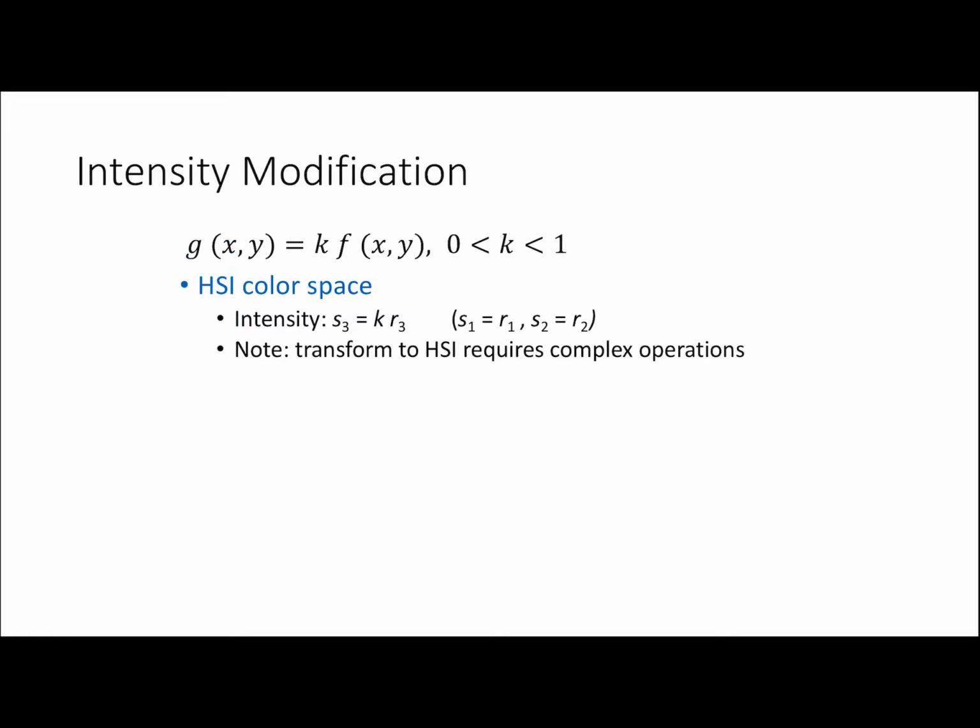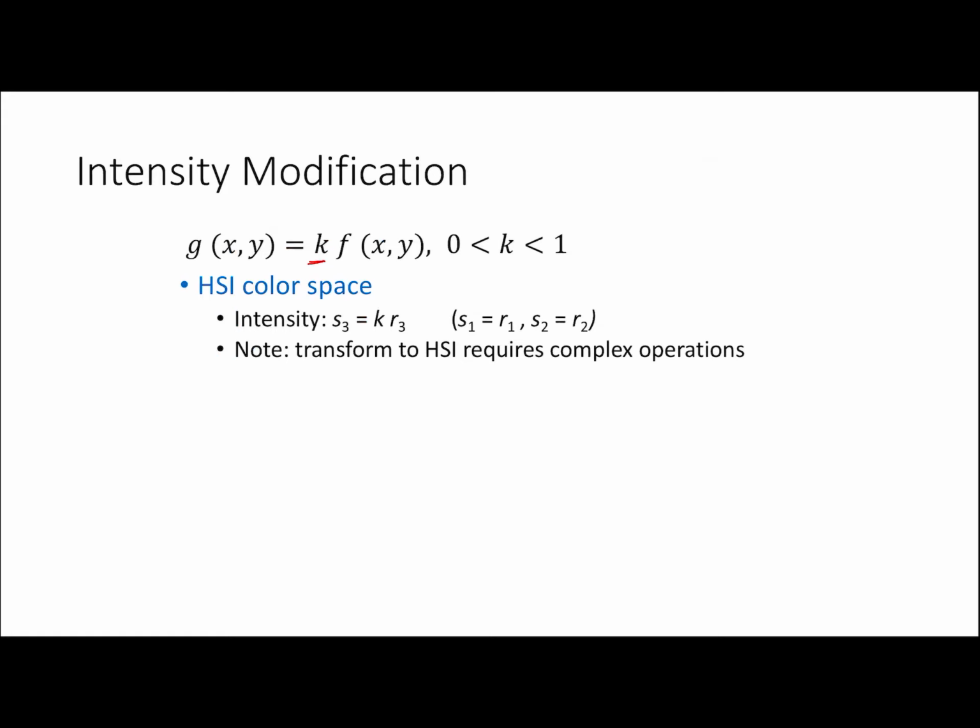Say, for example, in this particular case, suppose we wish to modify the intensity of a full color image by a constant K, which is in the range 0 to 1.